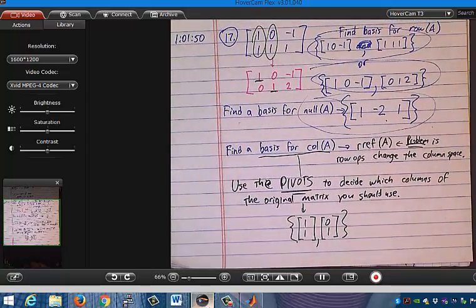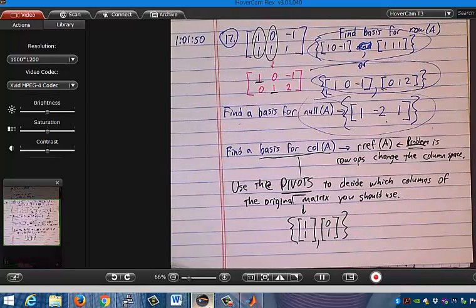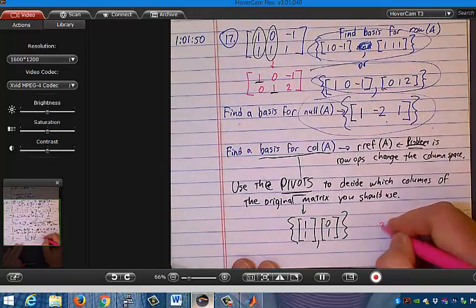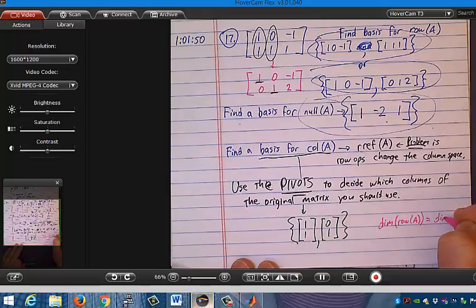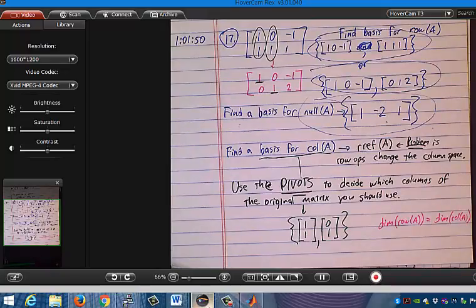But what's a nice fact, another nice theorem, is that the dimension of the row space of A will always equal the dimension of the column space of A. And you might say, why is that? That's in the book, but that's a nice little fact. In our case, 2 equals 2.